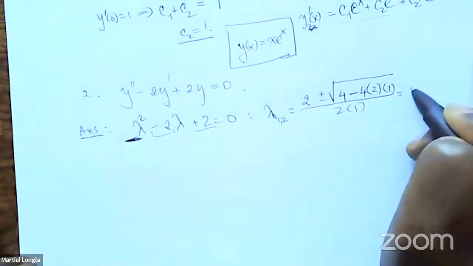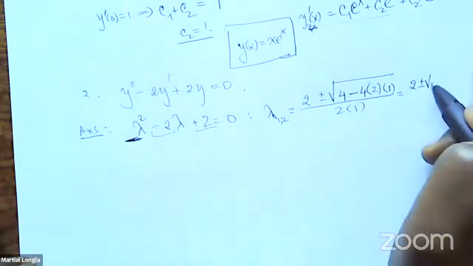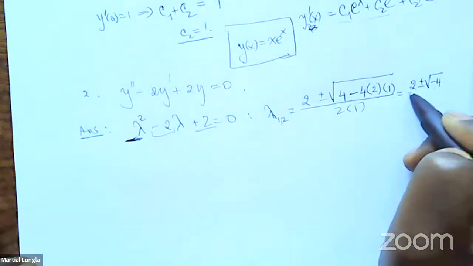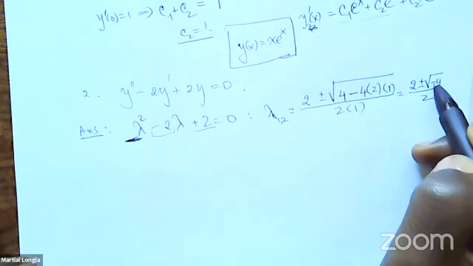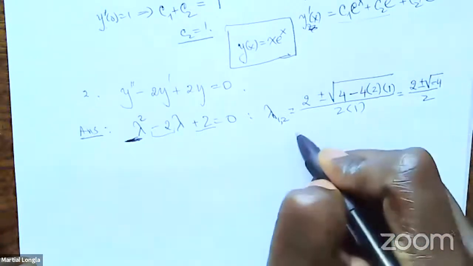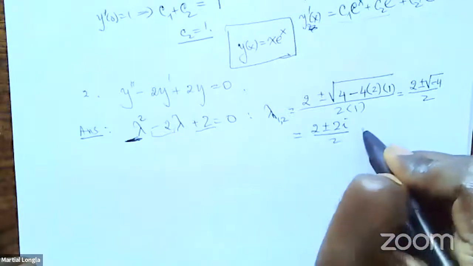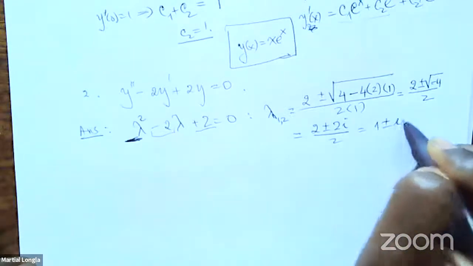So that is 2 plus minus square root of 4 minus 8, that's negative 4, over 2. And because of the negative 4 under the square root, you have i that shows up. So that's equal to 2 plus minus 2i over 2. So that's 1 plus minus i.